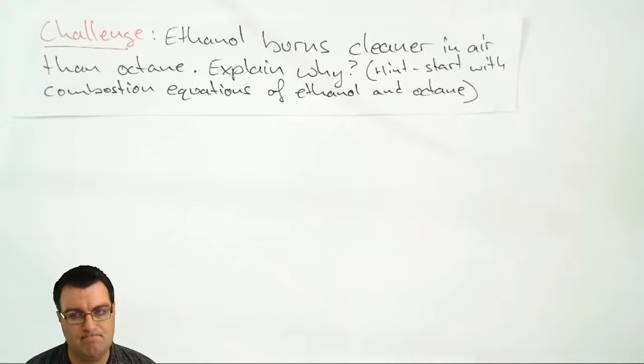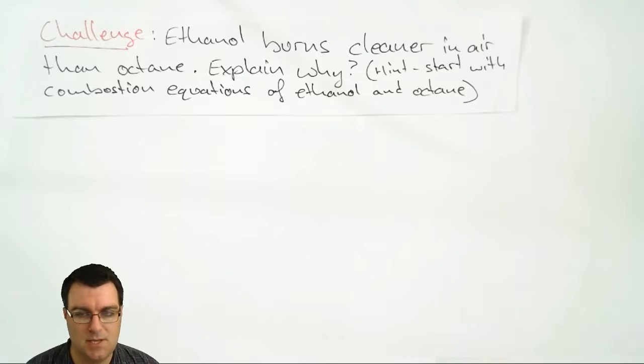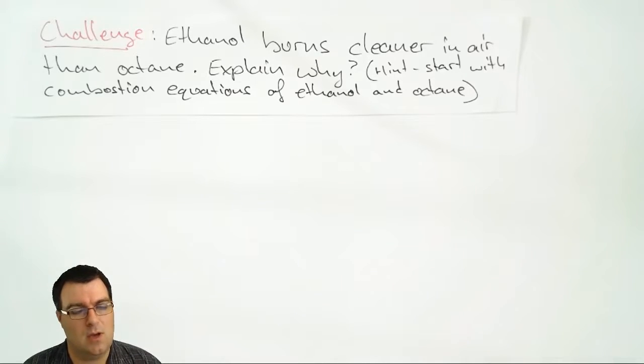Remember, with these challenges, the idea is for you to hit pause on the video and give the question a go at home. The question is: ethanol burns cleaner in air than octane. Explain why. As a hint, start with the equations for ethanol and octane. Hit pause, give the question a go yourself, and once you've done that, hit resume, and I'll go through an answer to the question.